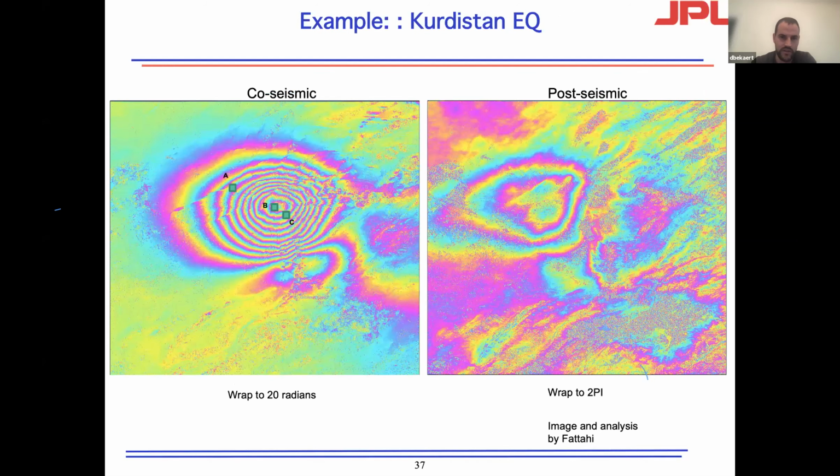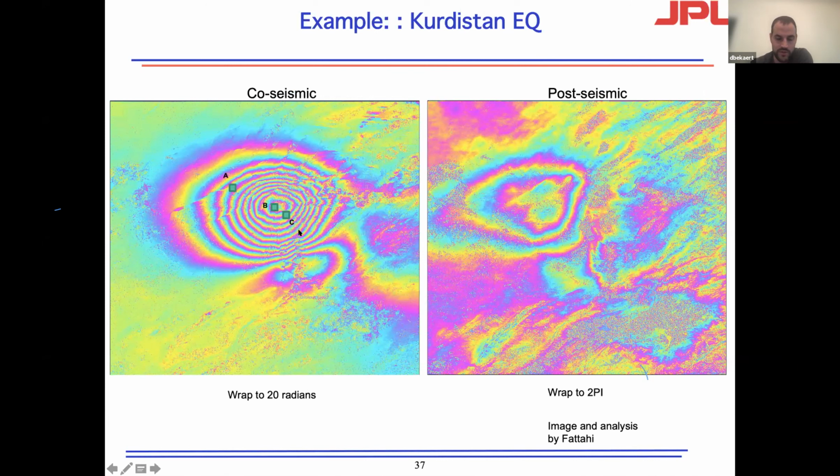Another example here done by Haresh is for the Kurdistan earthquake. He did the whole time series analysis using the covariance-based approach, and then generated a time series and fitted the different components. So the co-seismic component is on the left, and on the right you can see the post-seismic component.